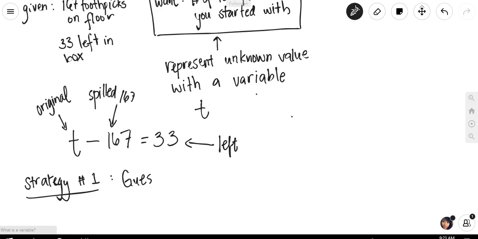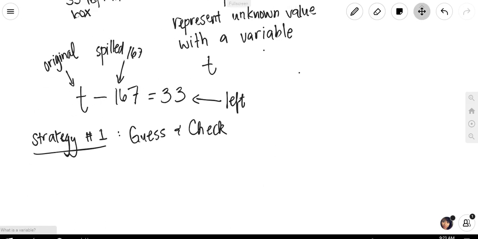You don't know how much was originally in the box, but you could guess. Let's say you're thinking, oh, well, I know that when I take away 167, I'm going to have 33 left. So I'm going to guess that there were 200 in the box first.